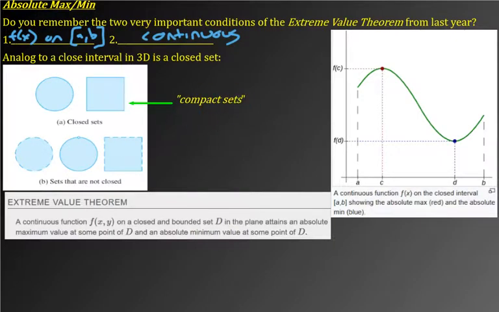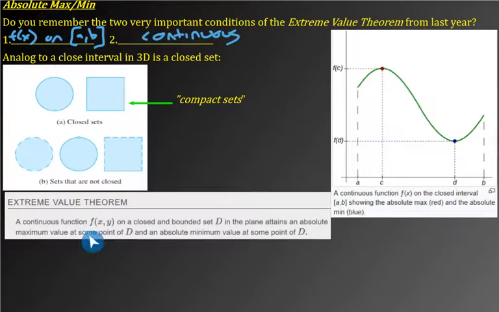But really simply, just like you have a closed interval from A to B here, we don't want open, two-dimensional spaces like an open disk or something. We want a closed circle or something like that. And basically we don't want any weird undefined things in there. So we want nice closed sets, which really we can call compact sets.